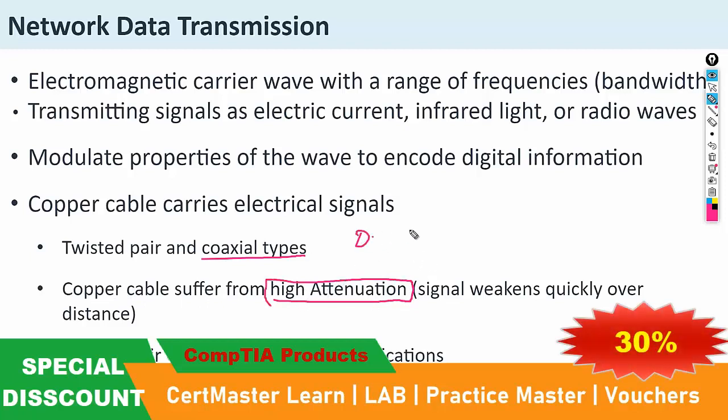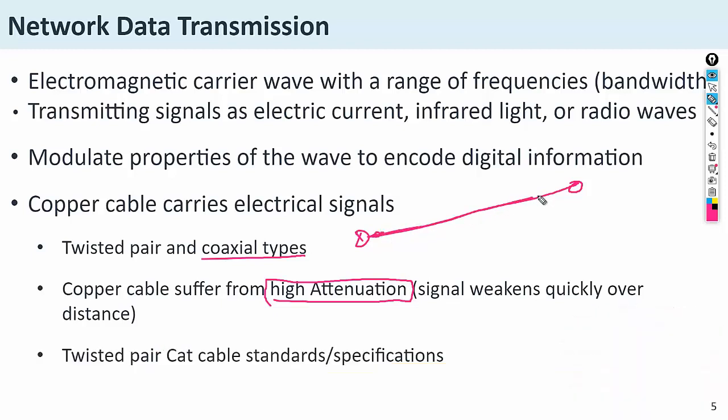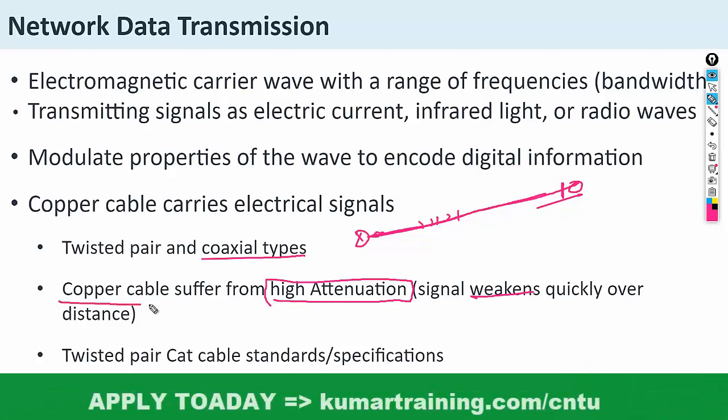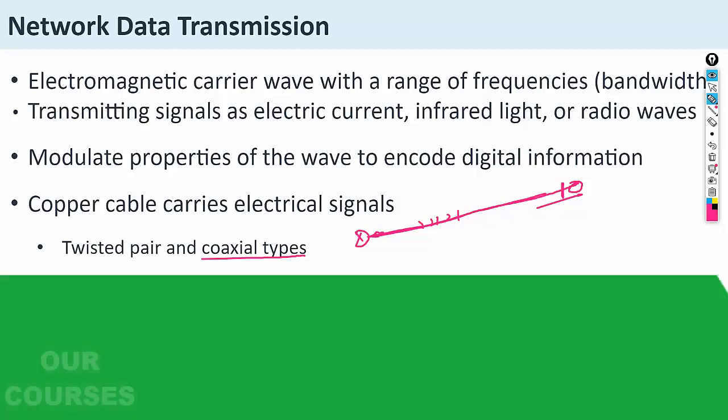When your data is traveling from one location to another, and the length increases, the signal becomes weak, and after some distance the data is lost. This mostly happens, and it is the main problem found in copper cable. That is the reason other cables like fiber optical cable were introduced.